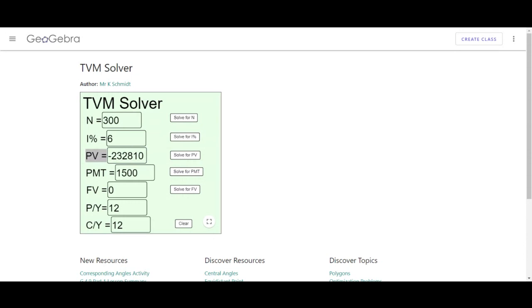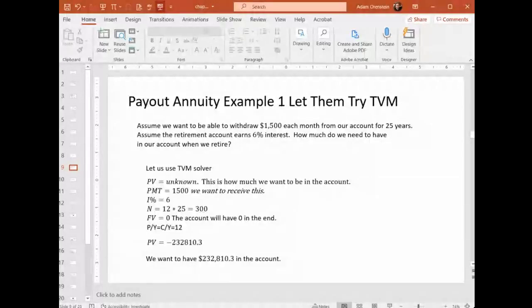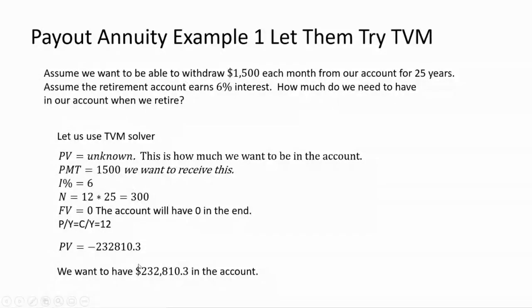So we get something. Where is it? Oh, there. Let me go back to the lecture slides. So we end up with the same thing as before, $232,810.30.